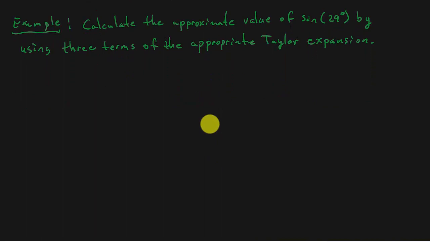So what I'm going to do here is I need to approximate sine of 29. So here I have f of x is equal to sine x, and I'm going to do this for a equals, what do you think? What do you think we're going to use a to be?